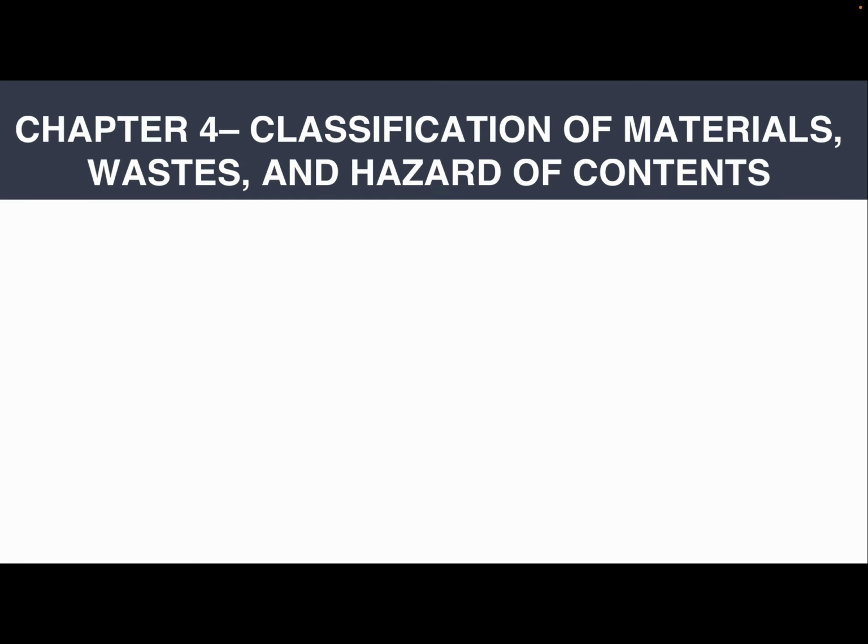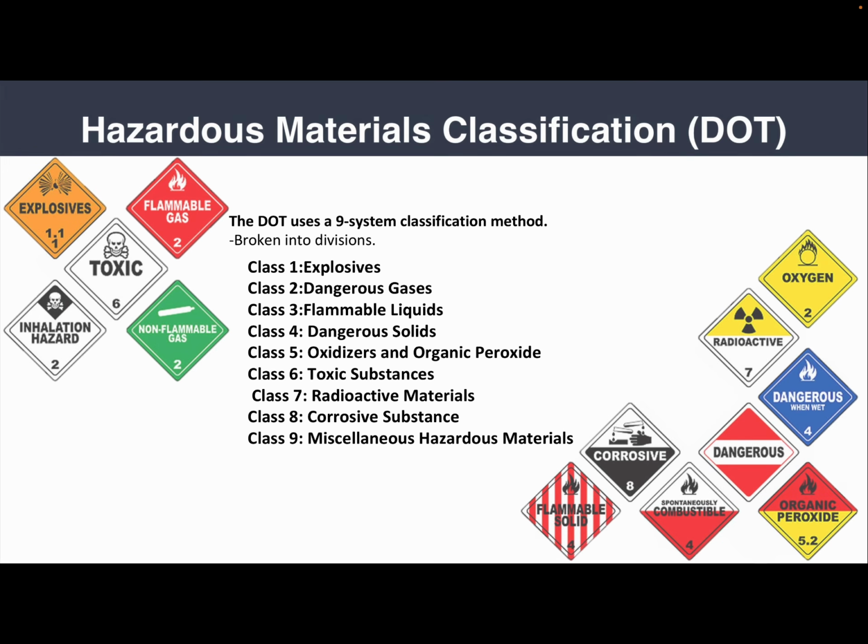And Chapter 4, Classification of Materials, Waste, and Hazard of Contents. As I mentioned, DOT has its own classification. It uses a 9-class system broken into divisions. For example, 1.1, 1.2 explosives, and 1.3 and so on. So Class 1 explosives are the materials that could detonate or rapidly increase energy, such as TNT, fireworks, or blasting caps. And Class 2 dangerous gases includes flammable, non-flammable, and toxic gases.